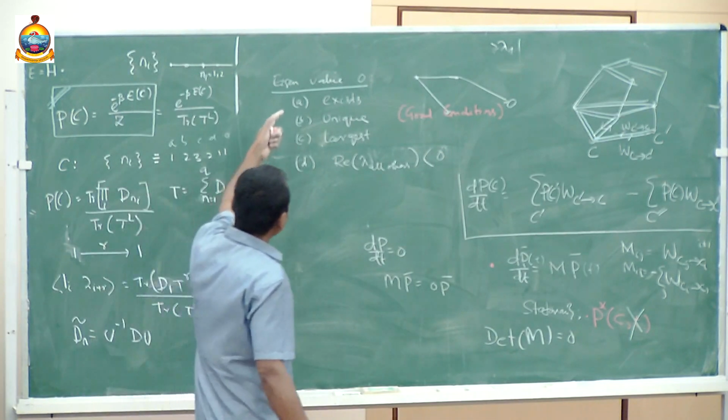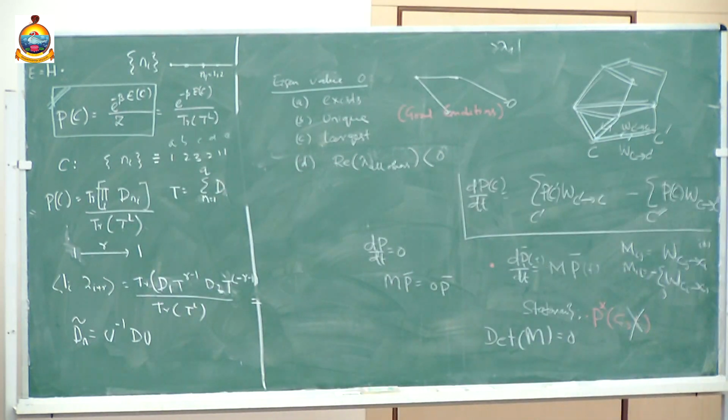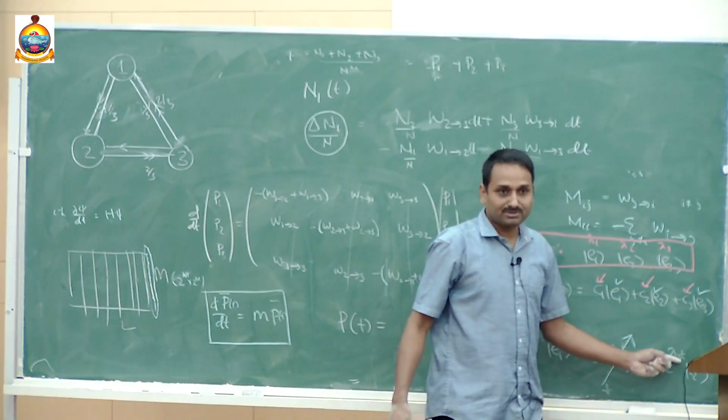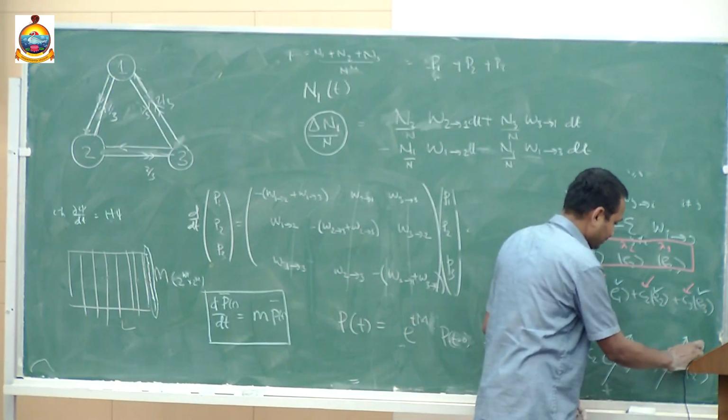So let us say that the largest eigenvalue, lambda 1, is 0. If it is the largest, this term just goes away, so it is 0 because the whole thing goes away. The other ones are negative, at least the real part is less than 0. So as t goes to infinity, these will decay, and this is also negative, so this will also go to 0.